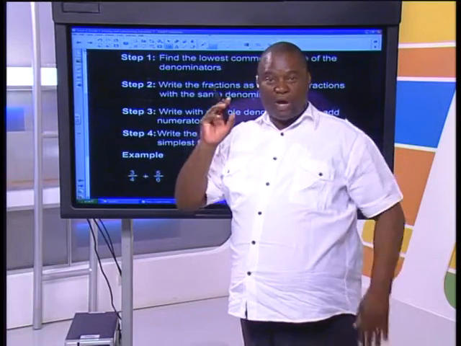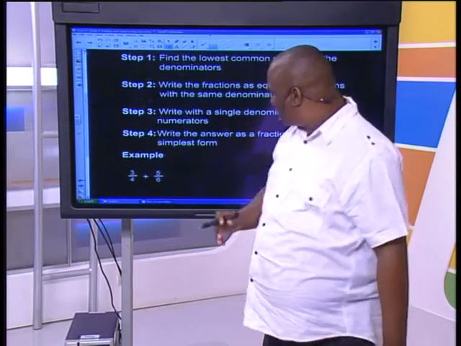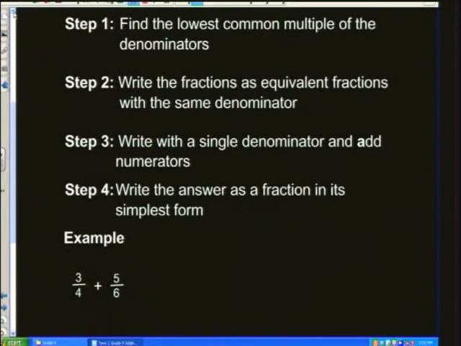So you must be able to identify denominators. 4 is our first denominator, so we must find the multiples of 4. Then the other denominator is 6, so we must find multiples of 6.